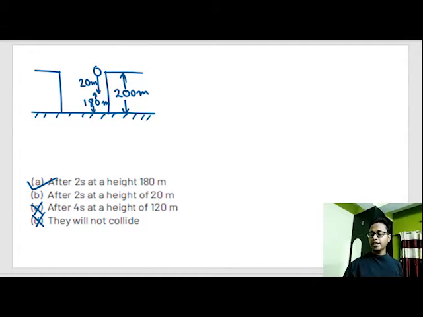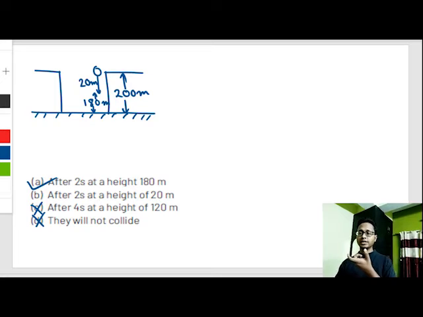Now write a note. Whenever the vertical components of velocity of two or more projectiles are the same, the vertical separation between them will remain the same. What do I mean by that?